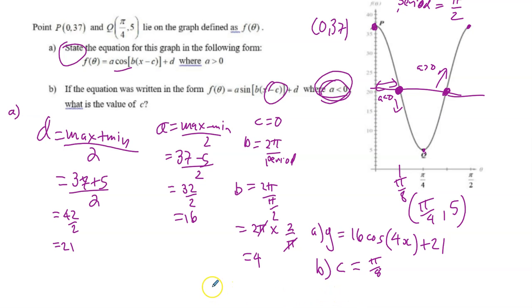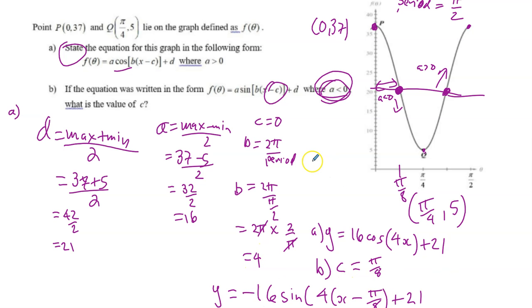Your full equation is a reflected sine. The B value is the same, x, I want to go right pi over 8, and the d value is the same. So it's the same between A, B, C, and D. The A can change sign, not cos to sine, but positive 16 to negative 16.